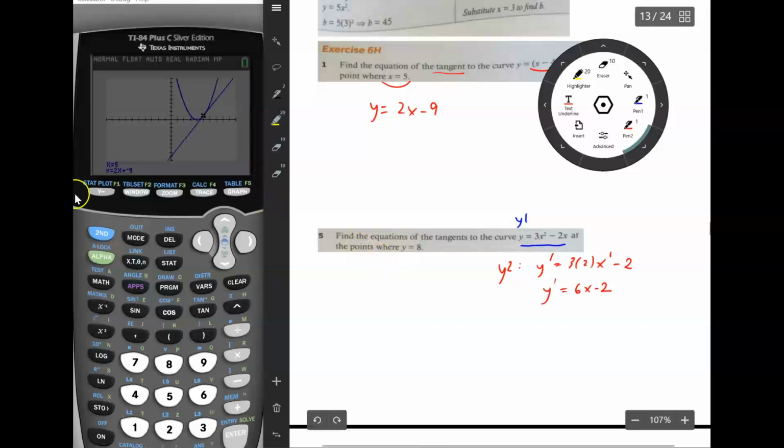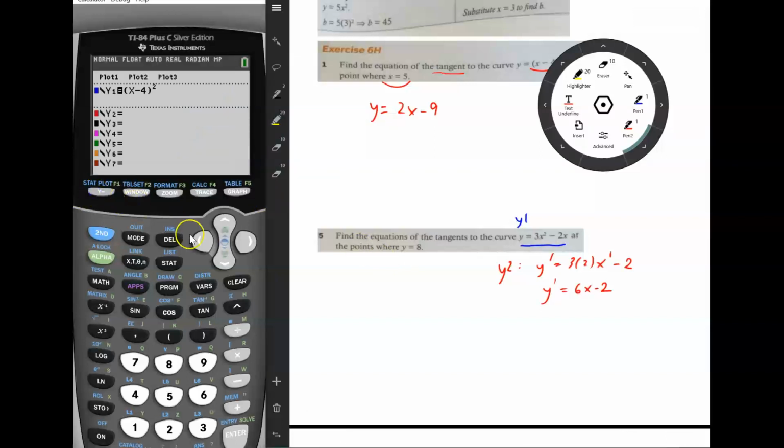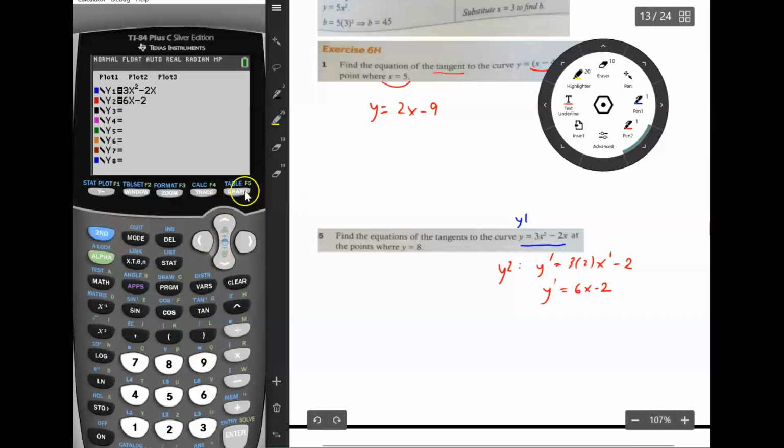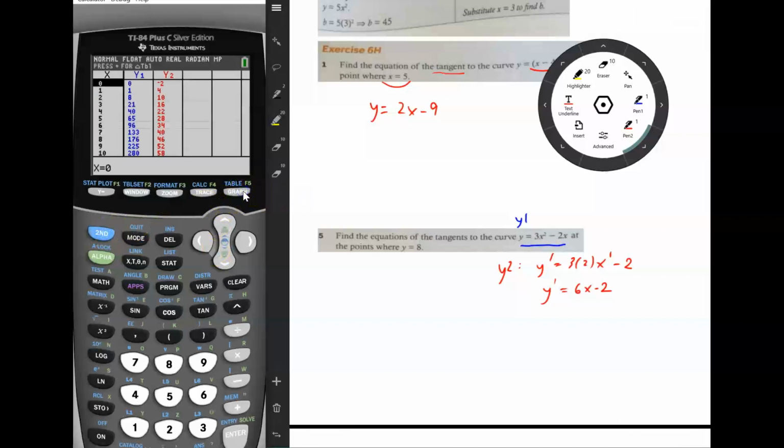So now we're going to put both of these into the calculator. The blue function is the original function, which is 3x squared minus 2x. And then the red function, which is the derivative function, is going to be 6x minus 2. I'm not going to graph it. I'm just going to go to the table and see if I can answer the question now.